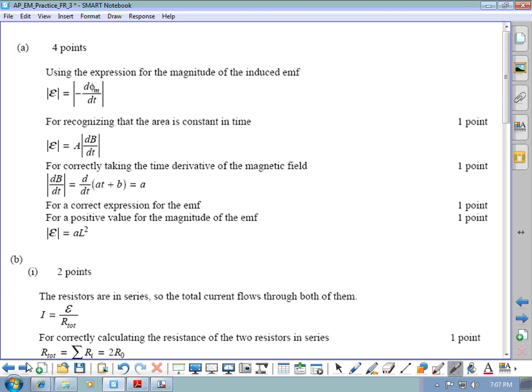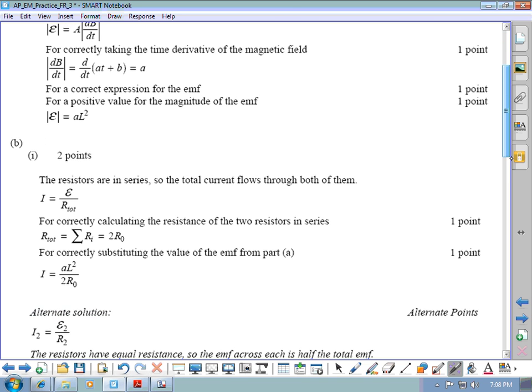The derivative of AT plus B is just A. And then it was 1 point for actually putting that together, that it was A times the area. And then it was 1 point, and so you needed to have that the area was L squared. And then it was 1 point for actually showing that you found the magnitude, so not making it a negative answer, but actually taking the absolute value and making it positive. So you do need to understand what they mean by magnitude.